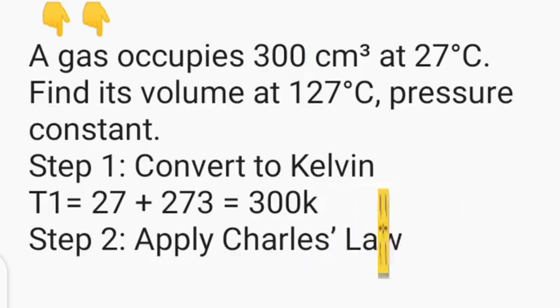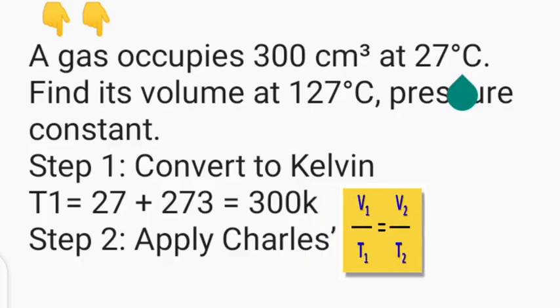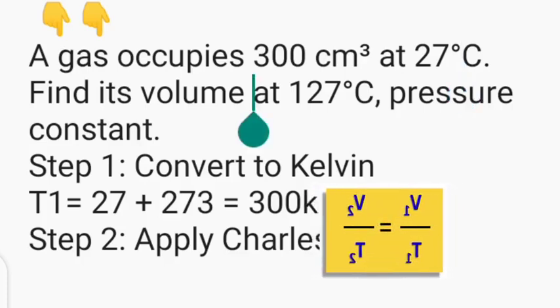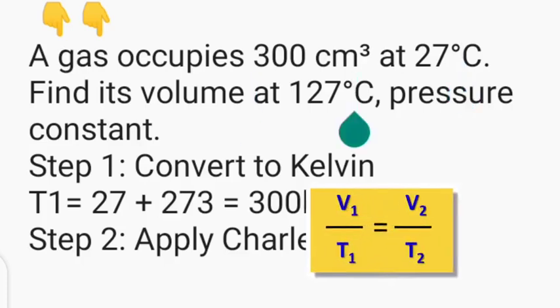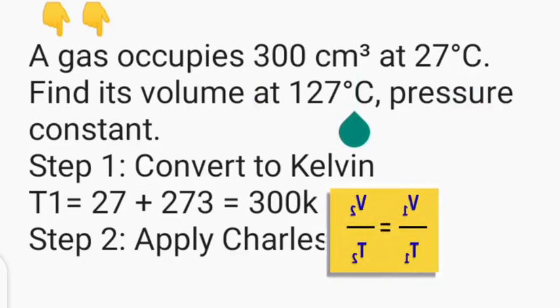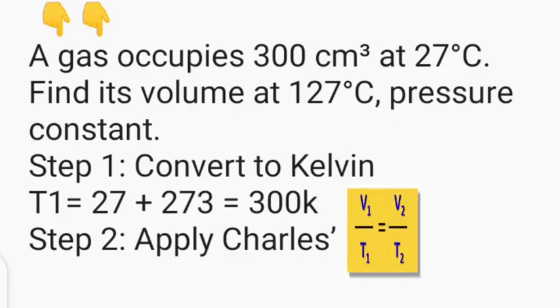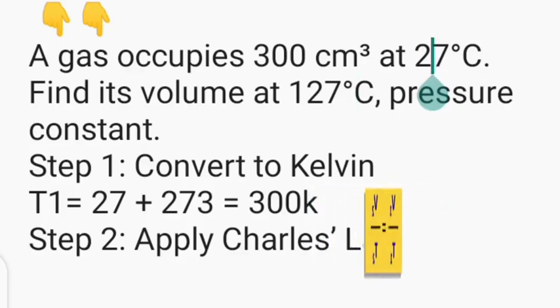That is your V1, the first volume. Then your temperature here is 27 degrees. The V2 is what we are looking for, along with the second temperature. Mind you, you must convert the temperature in degrees Celsius to Kelvin. The T1 was given as 27, so you have to add 273 to that.